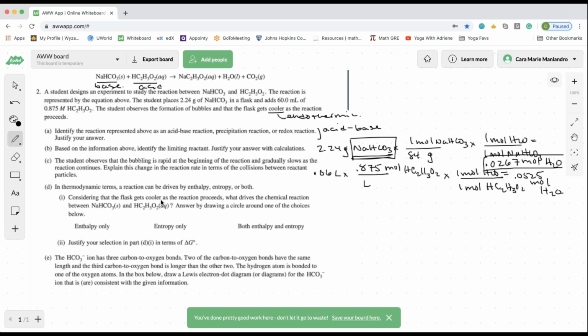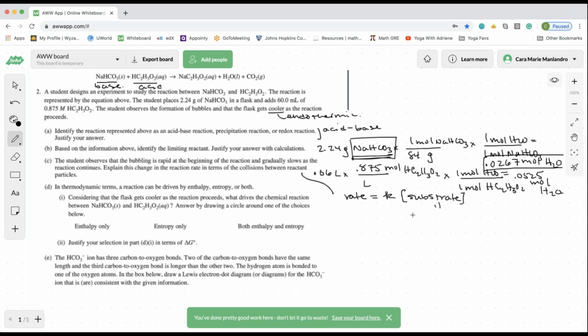Okay, so for part C, the student observes that the bubbling is rapid and then gradually slows. Explain this change in terms of collisions. So this is a kinetics question. Remember that the rate of a reaction is going to be equal to some rate constant k times the concentration of whatever your substrate is.